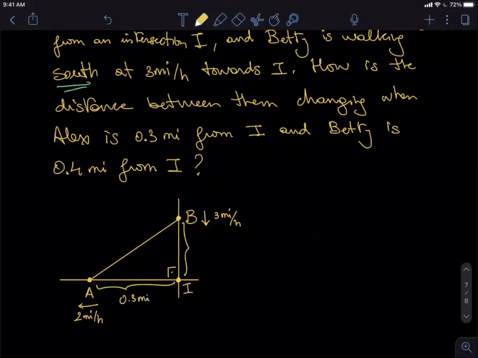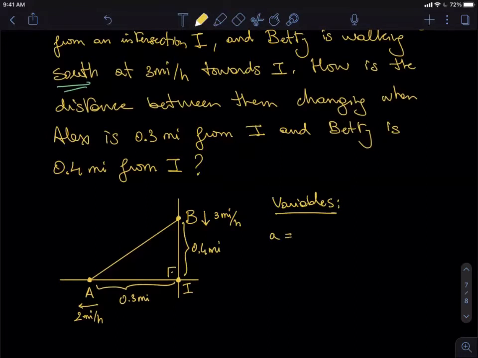And Betty is 0.4 miles from the intersection. We can call the variables x, y, whatever we want, but my suggestion is something that relates to the problem so that it's easy for us and we don't mix them up.